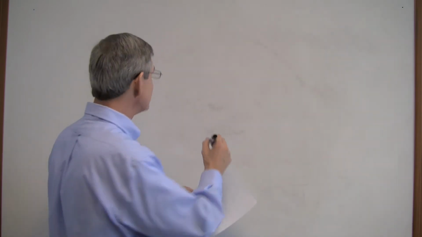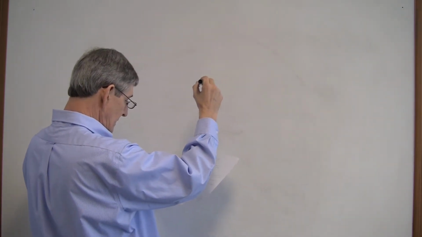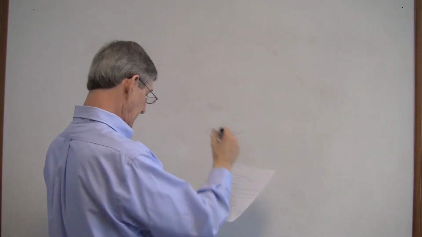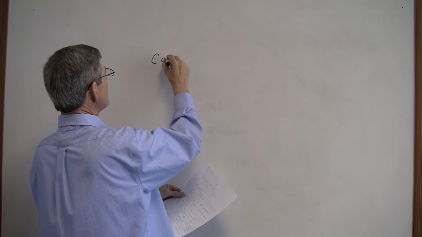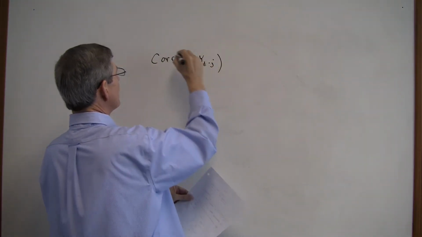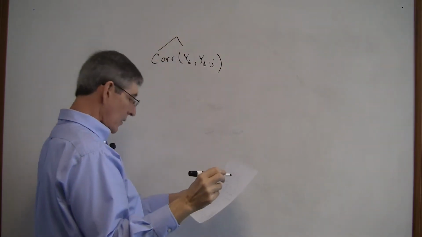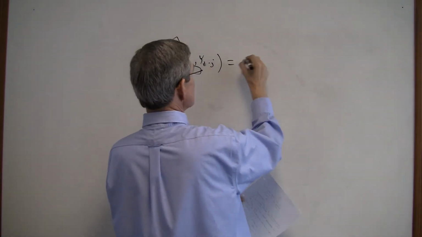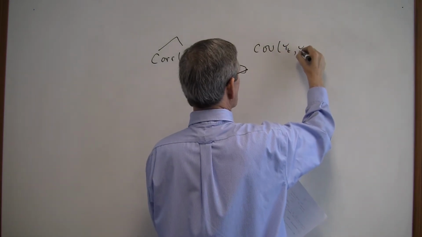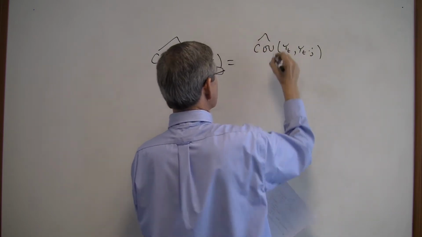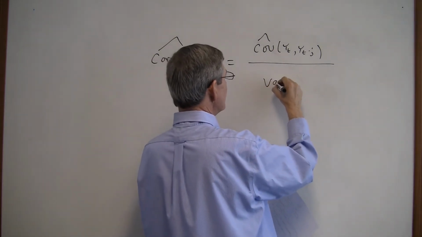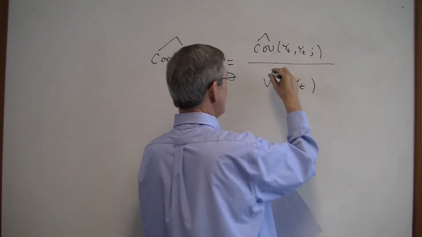But if you wanted to estimate it, the estimated correlation rho hat j is just the estimated covariance of yt and yt minus j over the estimated variance of yt.